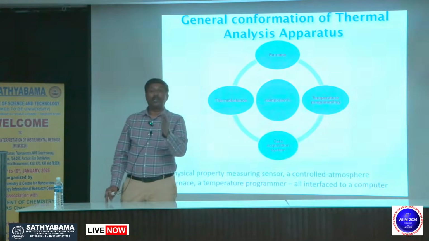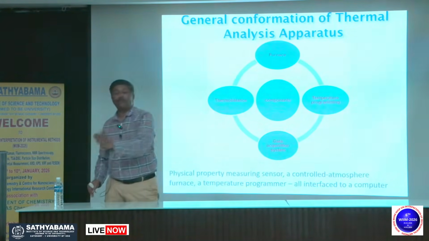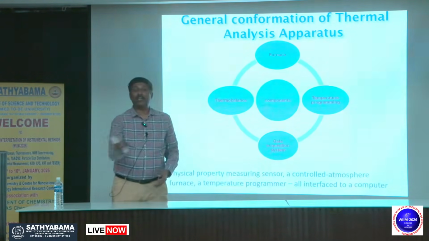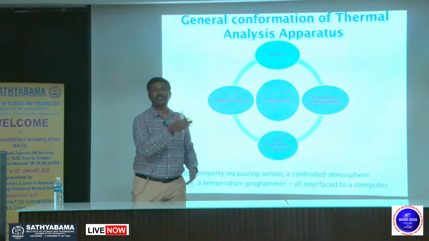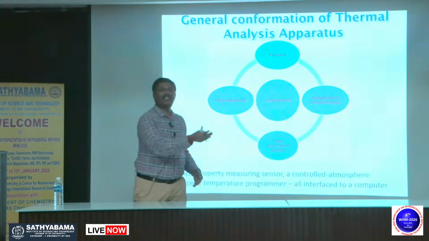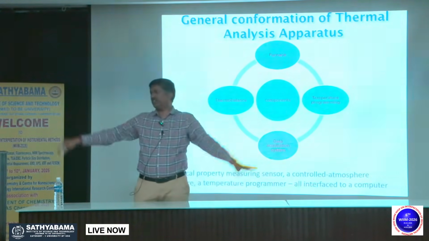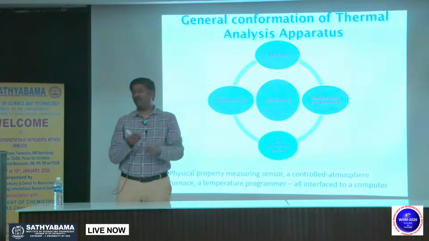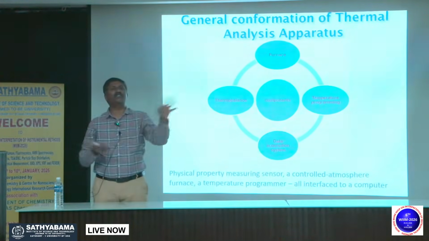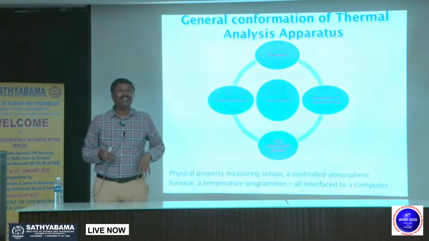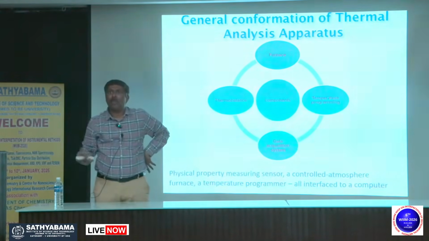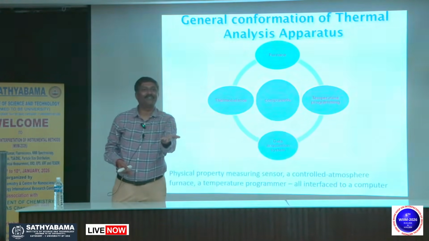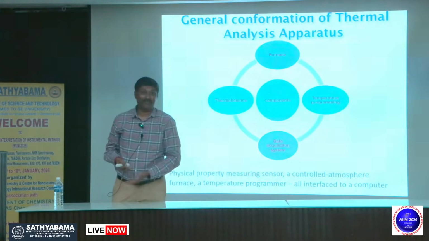Your temperature changed from room temperature to 1500, and the heating rate was this, your mass loss was this. All plots should come. Weight loss versus time, weight loss versus temperature. And then you see, hey, a sudden jump happened. What happened? It's moisture. So you will know the purity of the sample.